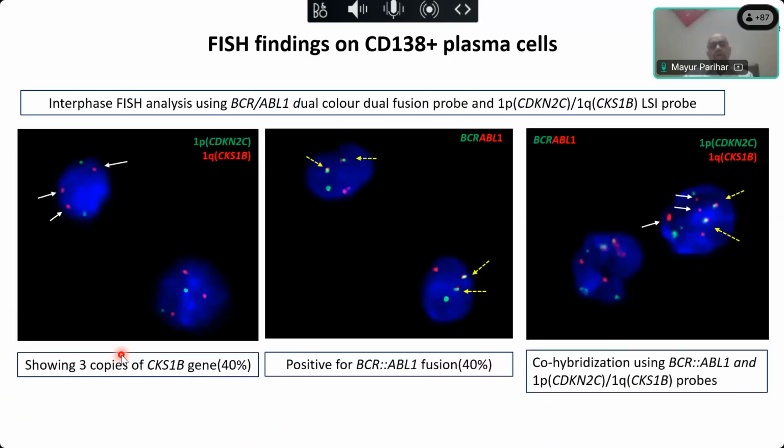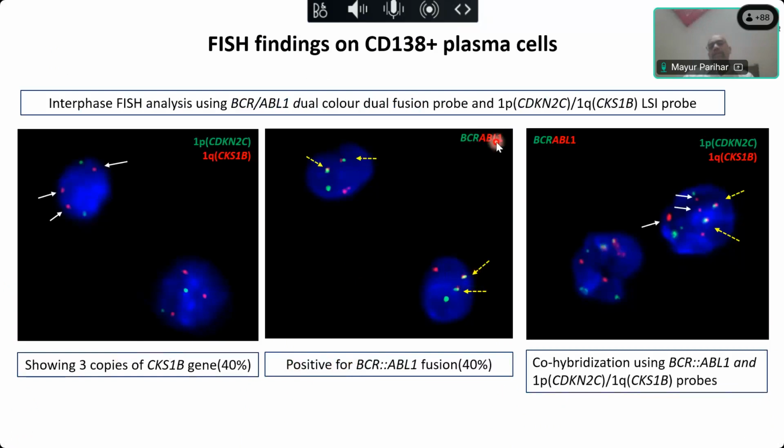So we asked ourselves a question: are these two malignancies coming from the same tumor, from the same stem cell, or are they coming from two different stem cells? Are these two different malignancies, or are they arising from the same malignancy? So what we did is we took the CD138 positive plasma cells and put BCR-ABL on them.